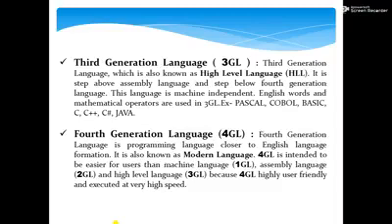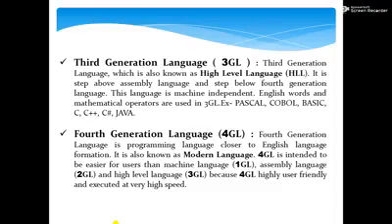Third generation language is machine independent, which means it is designed to be easier for humans to understand, including things like names, variables, etc. English words and mathematical operators were used in third generation language. COBOL, Pascal, Basic, C, C++, C#, Java are examples of third generation language.